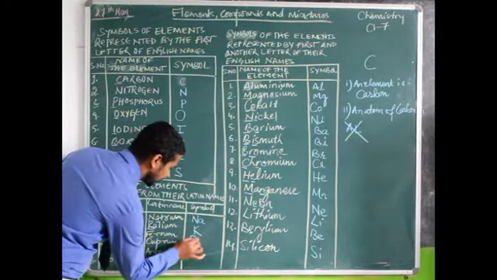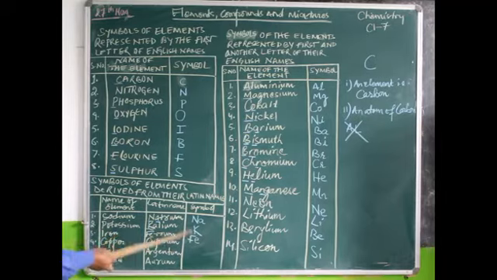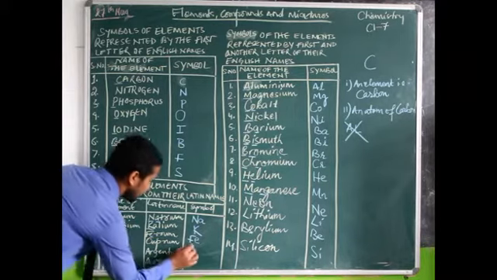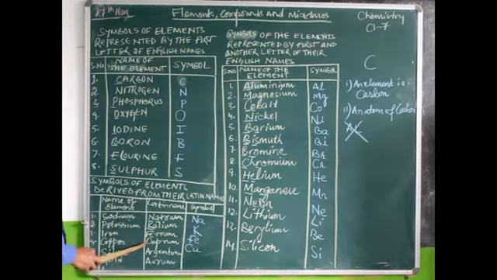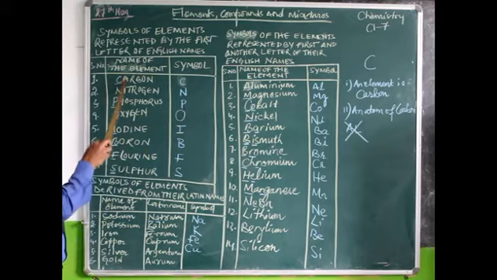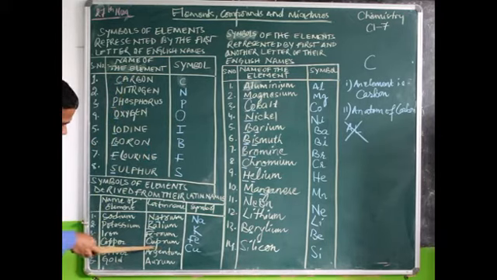So for iron, there is no F and there is no E in the name, but still the symbol is Fe. So how come Fe? By its Latin name ferrum. Then for copper, Cu. I cannot write C only because C is already used for carbon. So C and the second letter is u. So Cu. Cuprum.